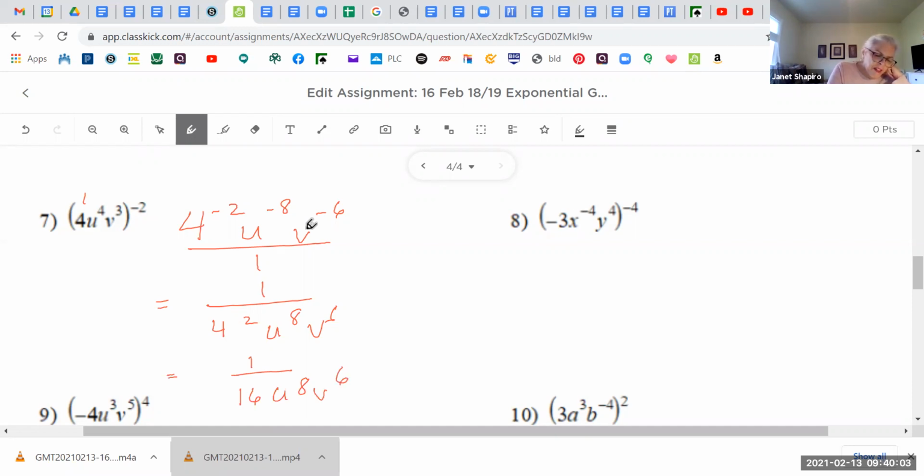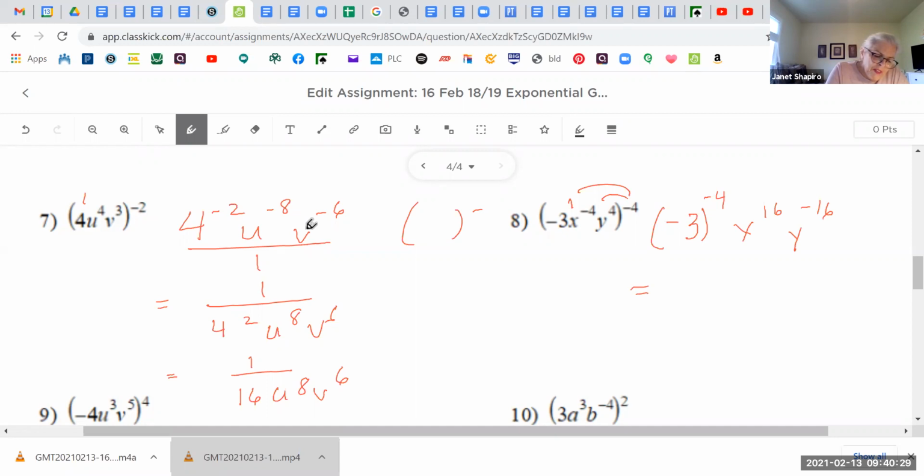Okay. Again, shortcut when I have a power, again, it's parentheses with that power outside. My shortcut is just I can multiply. So I have -3, and that quantity is to the -4 power. I have x to the 16th, y to the -16.